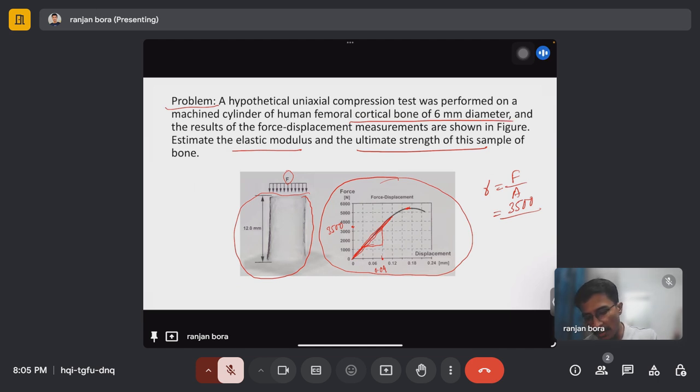The cross section is circular with 6 mm diameter, so area will be pi by 4 d square, 6 square. If we calculate, it is 123.7 megapascal.